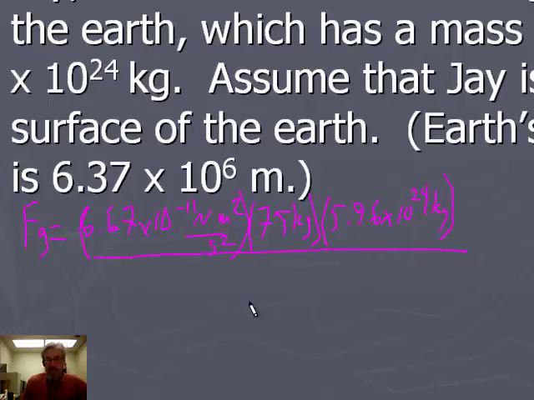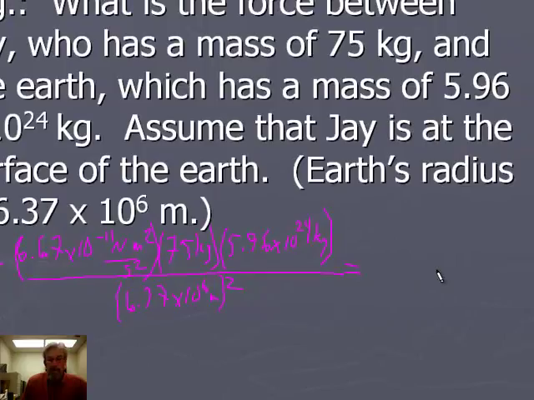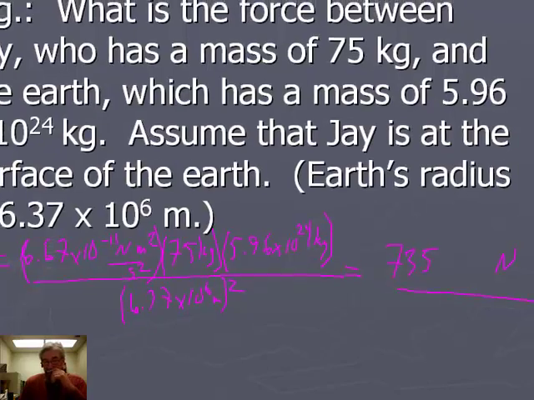Well, the distance between J and the center of the Earth is the radius of the Earth, which is 6.37 times 10 to the 6th meters, and that's squared. So this will come out to be units of newtons. We find that this answer is 735 newtons, and that's somewhere in between the very tiny force between the two guys, Wally and Tony, and the very gigantic force that was between the two planets, the Sun and the Earth.